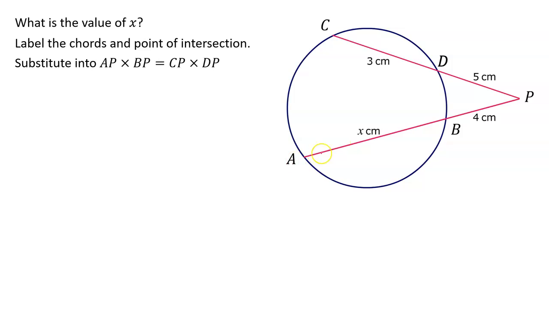So AP is x plus 4, BP is 4, CP is 3 plus 5, which is 8, and DP is 5. Evaluate the product on this side, write this slightly nicer. I can divide by 4 and then subtract 4.